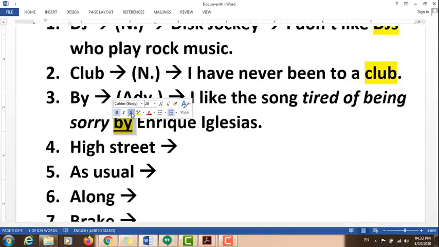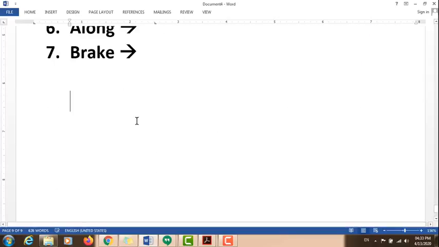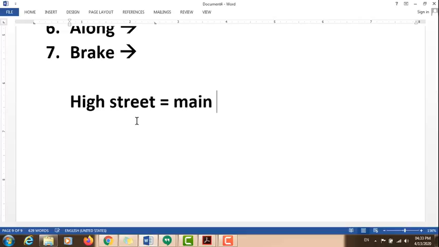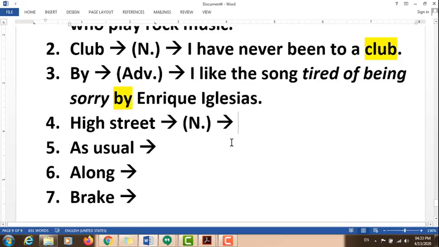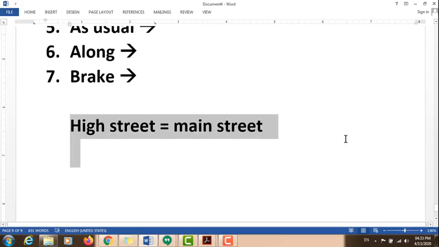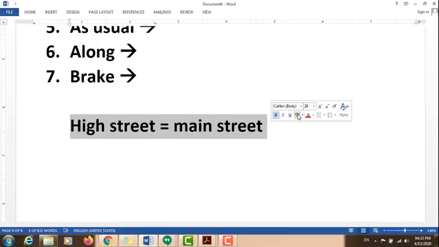Next one, high street. It's a noun. Maybe you have heard this, the synonym is main street. High street equals main street. سرک عمومی. Okay, high street, main street. They both are the same. So it's the synonym, مترادف. In American English we call it main street. In British English we call it high street.